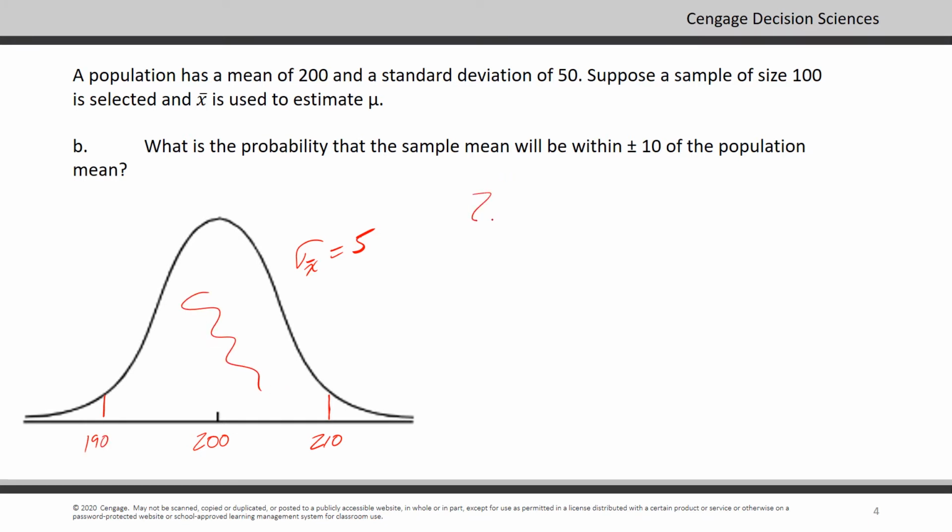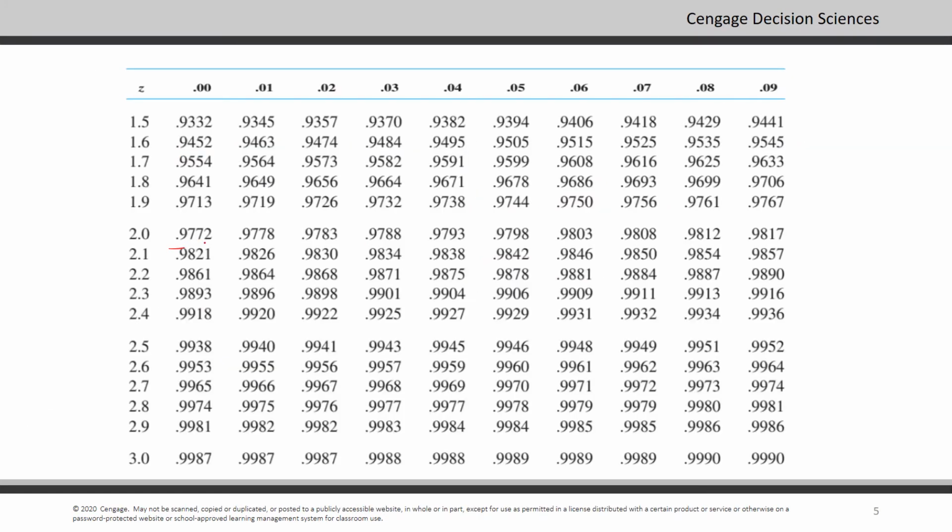So calculating z-values again, z for 210 is going to be 210 minus 200 divided by 5, or equal to 2. And the z-value for 190 is going to be equal to minus 2. So looking up 2, I get the value of 0.9772.